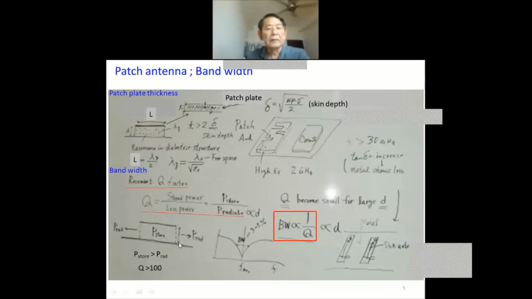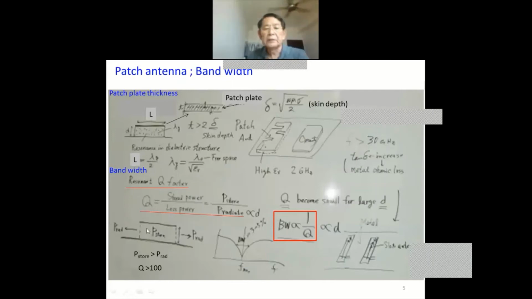So the very thin patch antenna has small bandwidth. However, if the distance is increased, more space from the ground plane, then we can increase the bandwidth. So this relation can be easily understood.